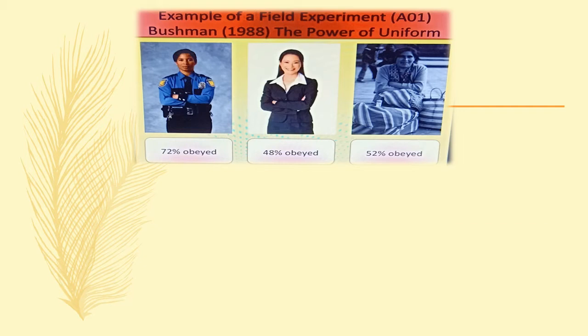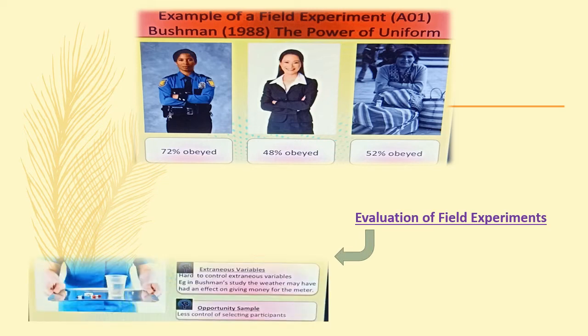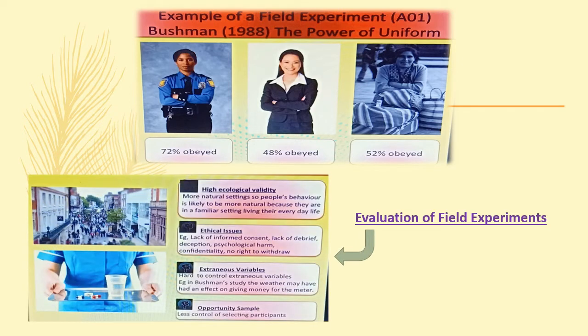Okay, so evaluation of field experiments. What we find is that it is high in ecological validity. There are more natural settings, so people's behavior is likely to be more natural because they are in a familiar setting living their everyday life. Ethical issues, for example, lack of informed consent, lack of debrief, deception, psychological harm, confidentiality, no right to withdraw. There are these ethical issues.